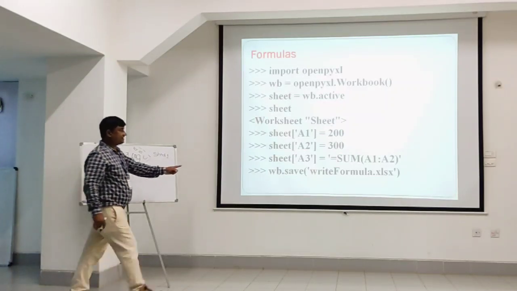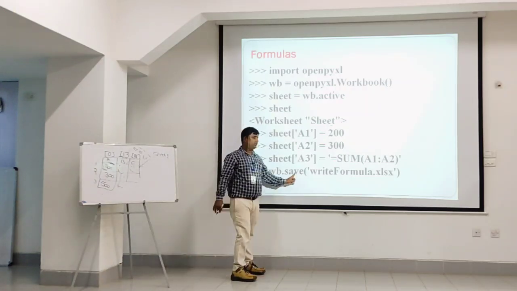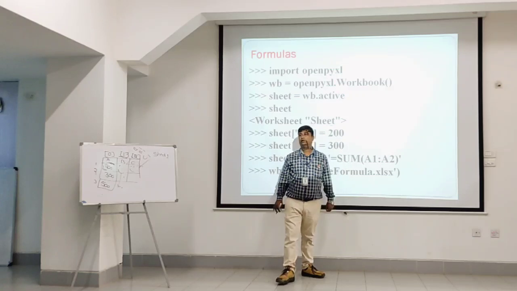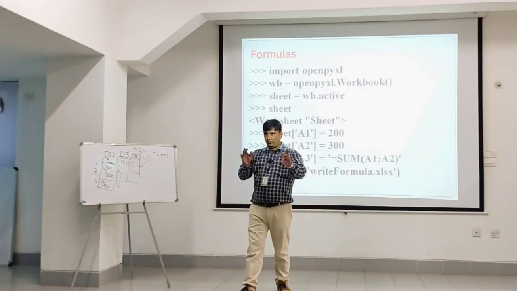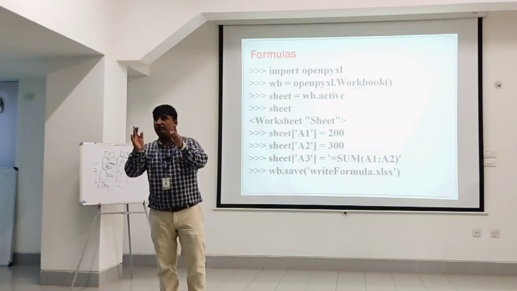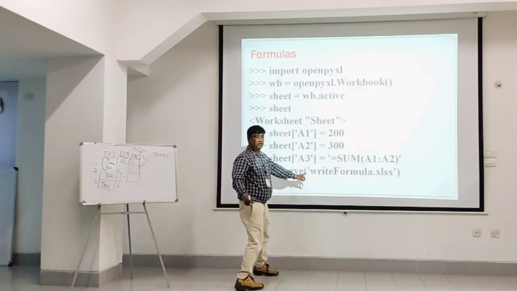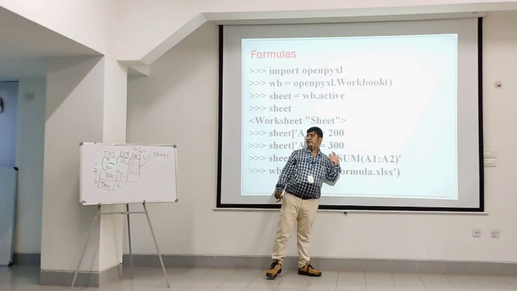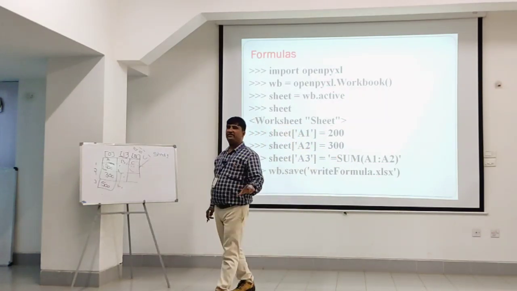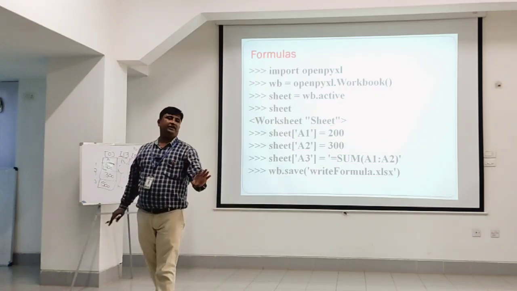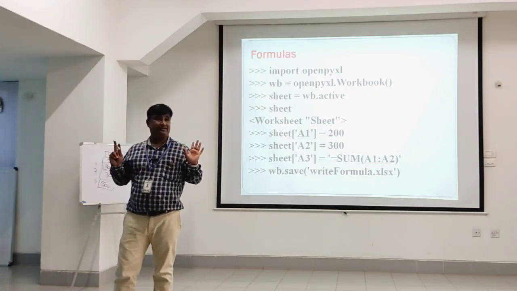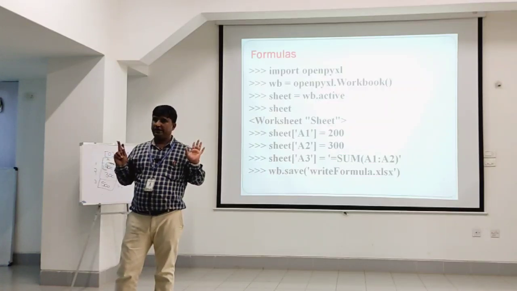Then what is that last line? wb.save with the file name writeformula.xlsx. If you want to write the content into the current working directory, we have to write to one file. Is it a user-defined file or a built-in file? Any file name you give, but the file will be stored where? Clear?